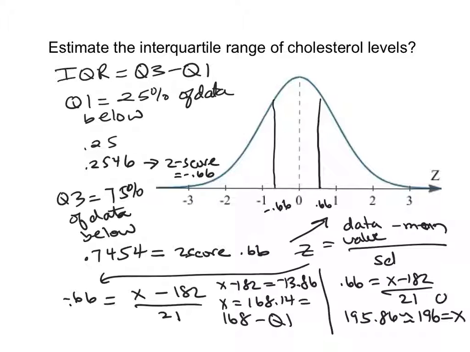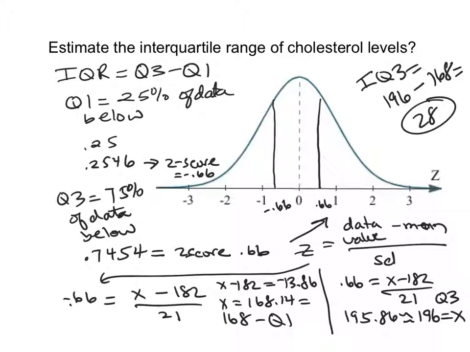That is my quartile 3. So then my IQR is quartile 3, which is 196, minus quartile 1, which is 168. So my IQR is 28.